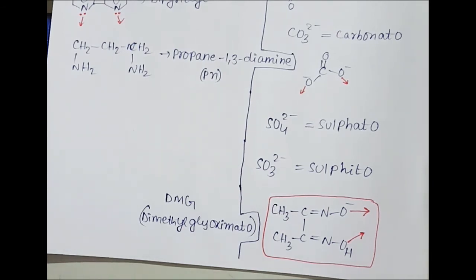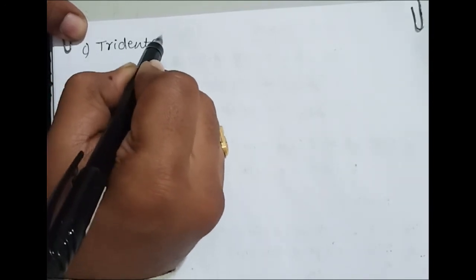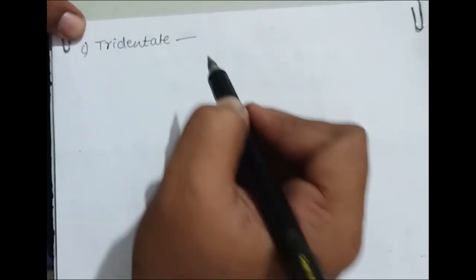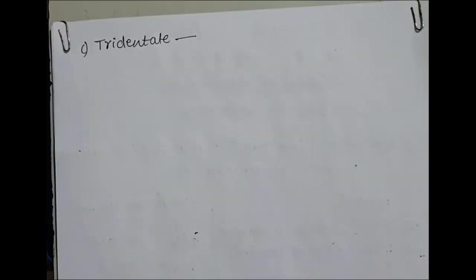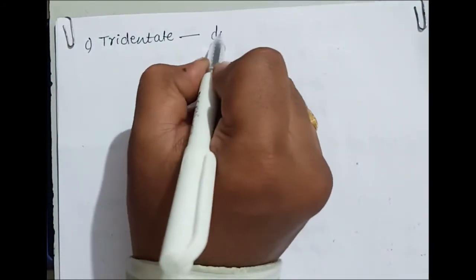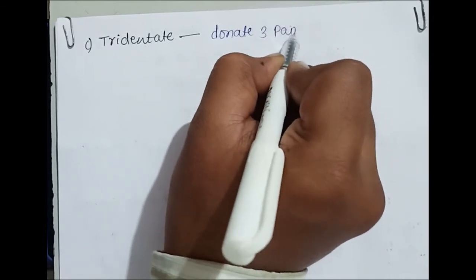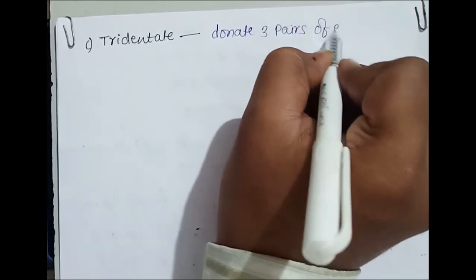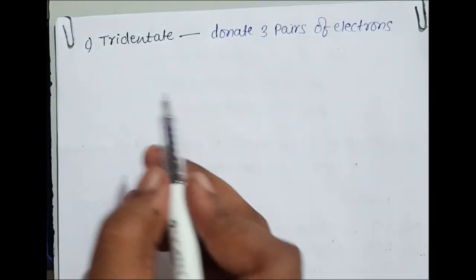Now the next one. Unidentate ligand is over, didentate ligand is over. Now it is the tridentate ligand. I'm not going to give the definition of tridentate ligand because you have to guess it. You know very well that a tridentate ligand can donate three pairs of electrons to the central metal, or you can say it has three electron donating sites.